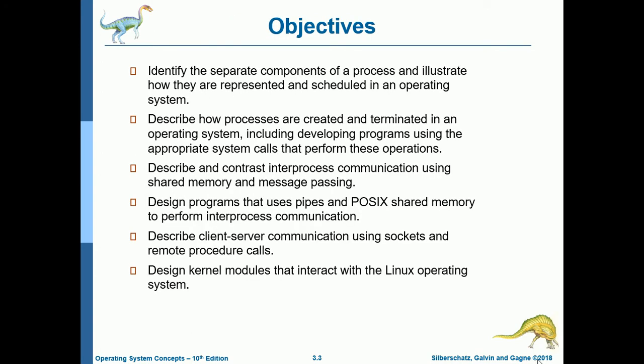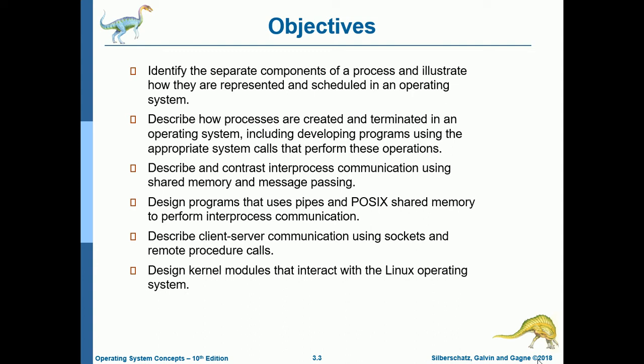The objectives for this chapter are: identify the separate components of a process and illustrate how they are represented and scheduled in an operating system. Describe how processes are created and terminated in an operating system, including developing programs using the appropriate system calls that perform these operations.